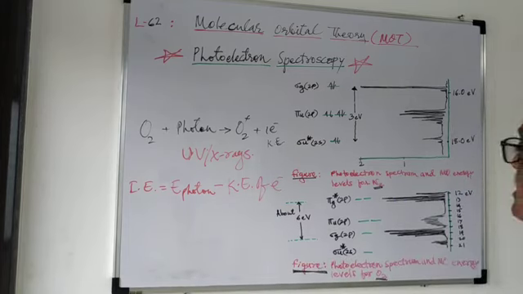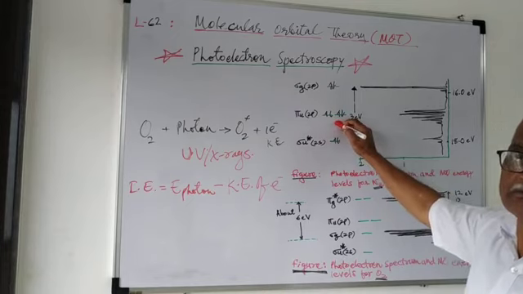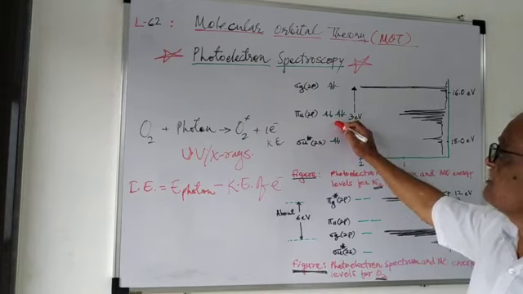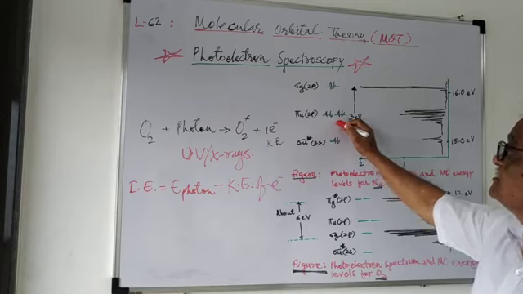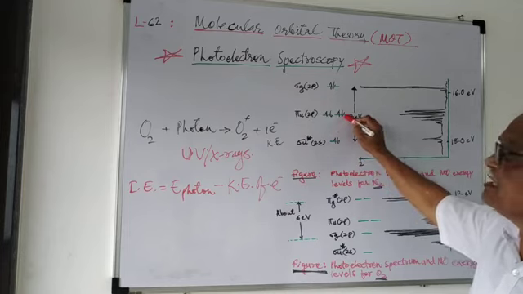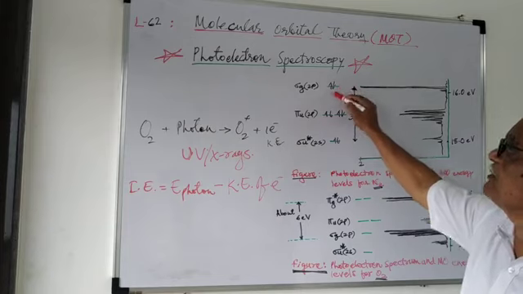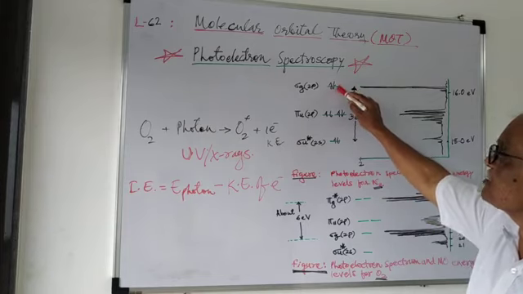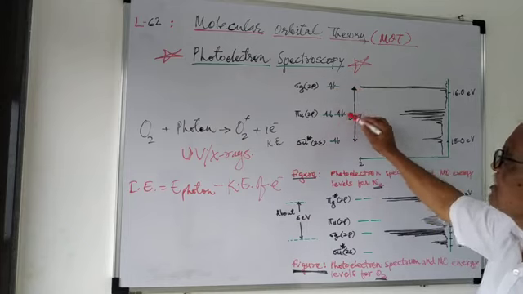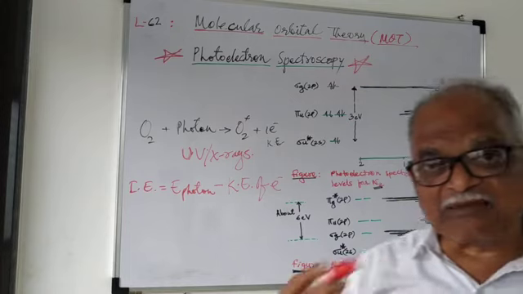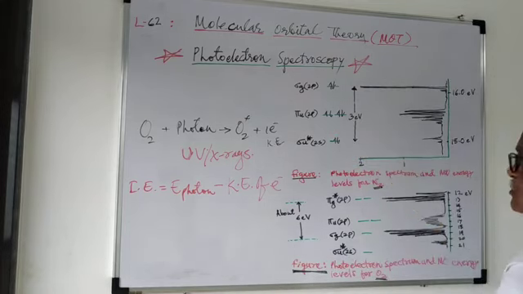You will find that the bond strength, or bond formation, is more contributed by these pi electrons rather than these sigma electrons. The sigma electrons are also contributing, but the contribution is relatively less. Bonding is more contributed in nitrogen because of these pi electrons.